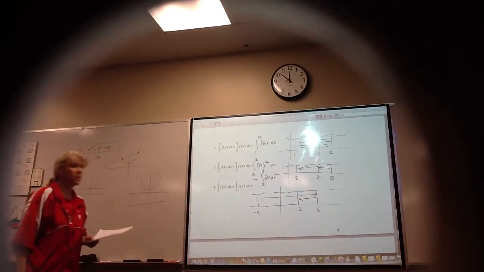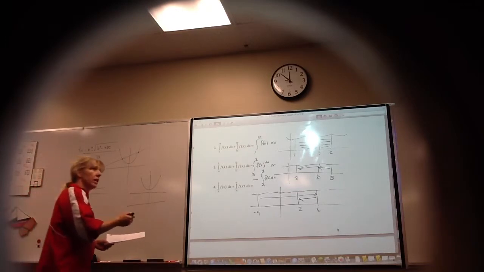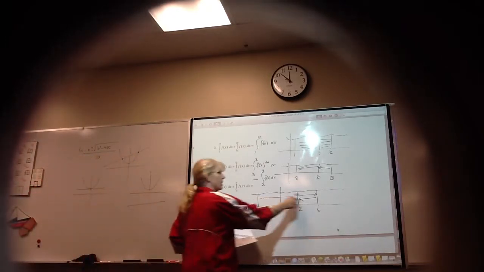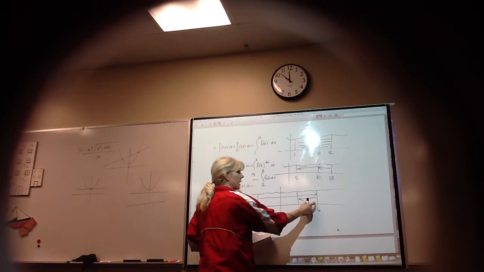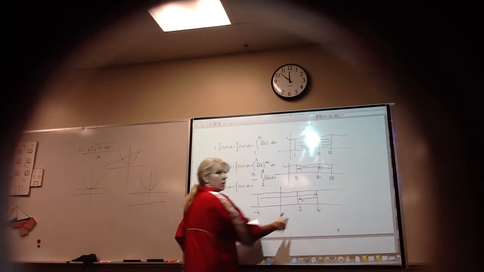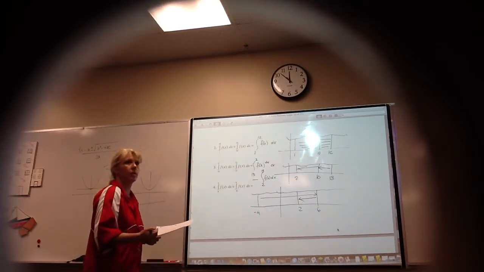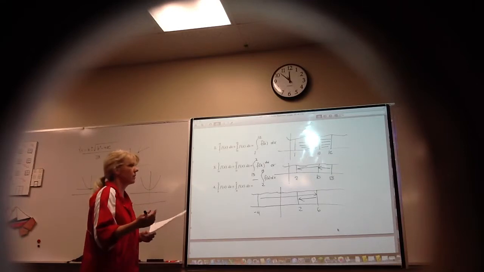So we go from 6 to 2, and then we're adding on from negative 4 to 6. What happens with this overlap there? Yeah, you're going to be adding the values and subtracting the same value.